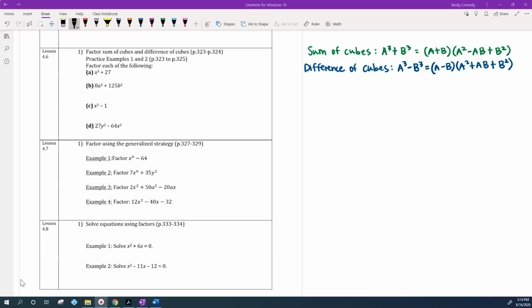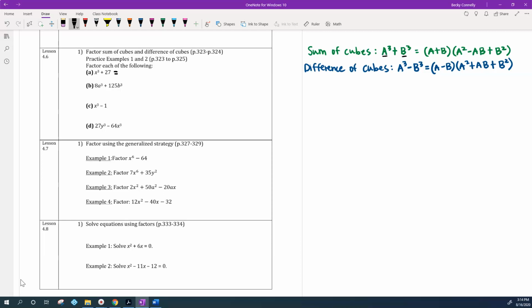So on the first one, part A, we have x cubed plus 27. When we look at this, we can tell it's something cubed plus something cubed, so we know we're going to be using the sum of cubes. It's a good idea to rewrite this so that you have in mind what your A is and what your B is.